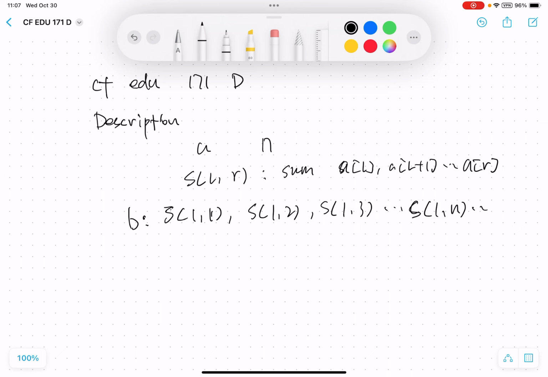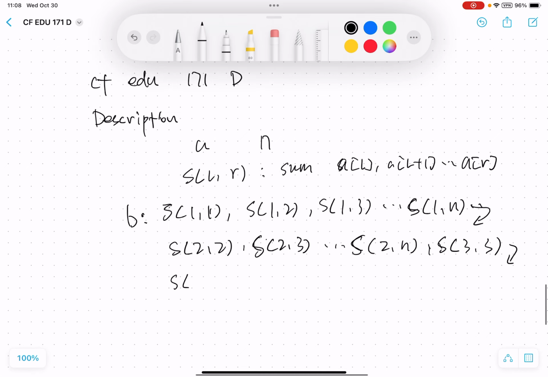The next elements will be S(2,2), S(2,3), until S(2,n). Next elements will be S(3,3), S(3,4), S(3,n), till S(n,n).